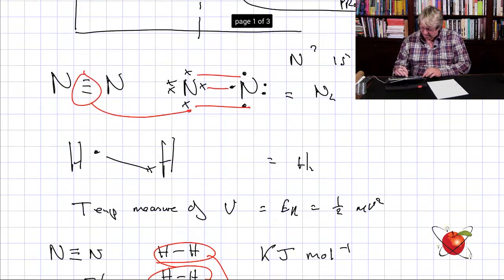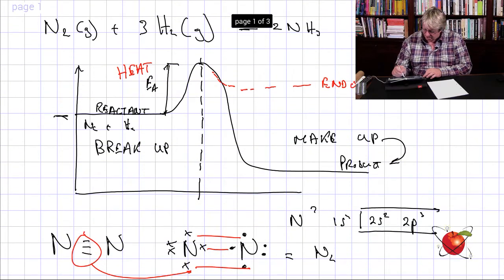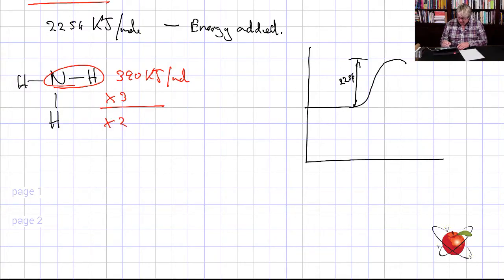From our balanced equation, we're making 2 of them. We had the 3 hydrogens that we broke. We've got to account for that in the maths of this. So it's going to be times 2. So the total energy we get here is 2340 kilojoules per mole.